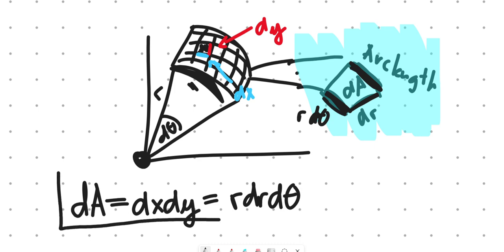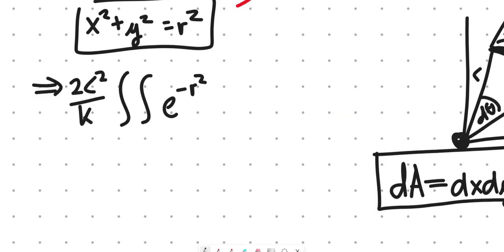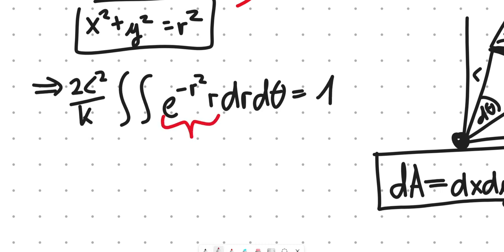Since we did this, we can put this in our equation, and say that we have r dr d theta is equal to 1. Since we have the r inside now, we can make another substitution.